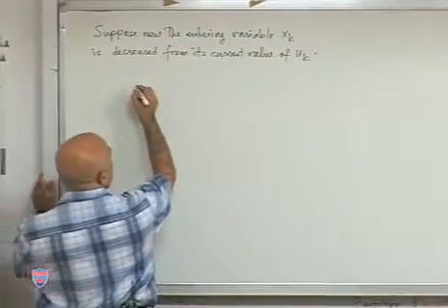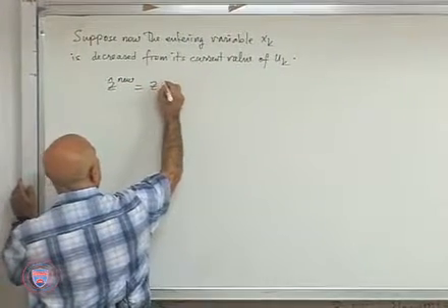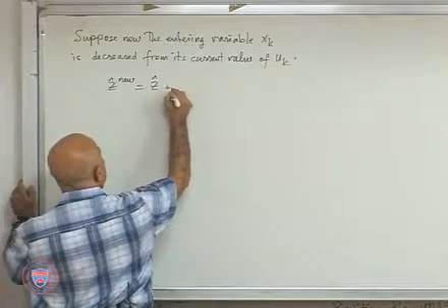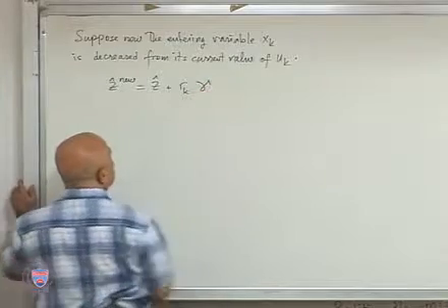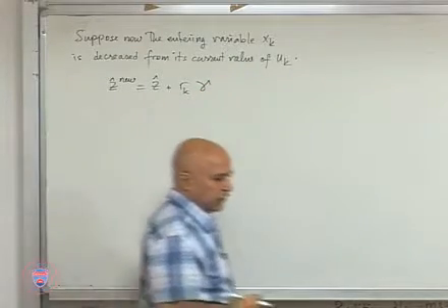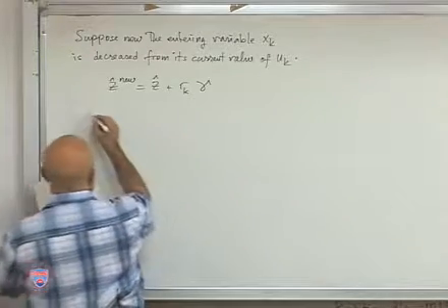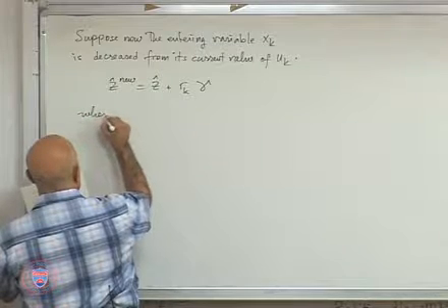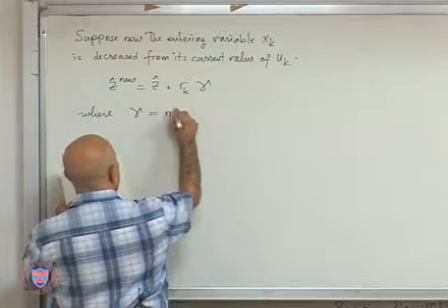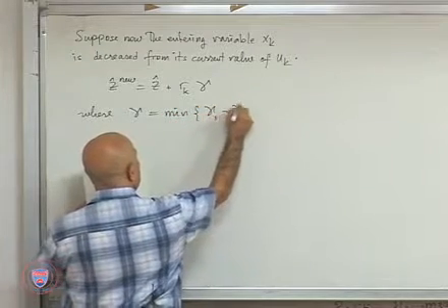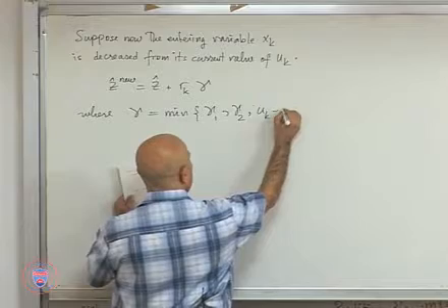So in this case, z cap new will be the old one plus rk times gamma, where gamma is the new value of the variable. How do you compute gamma? Well, again, you look at the minimum of gamma 1, gamma 2, and UK minus LK.